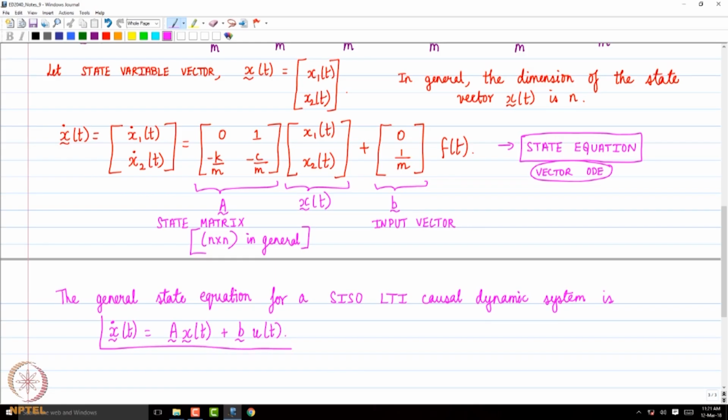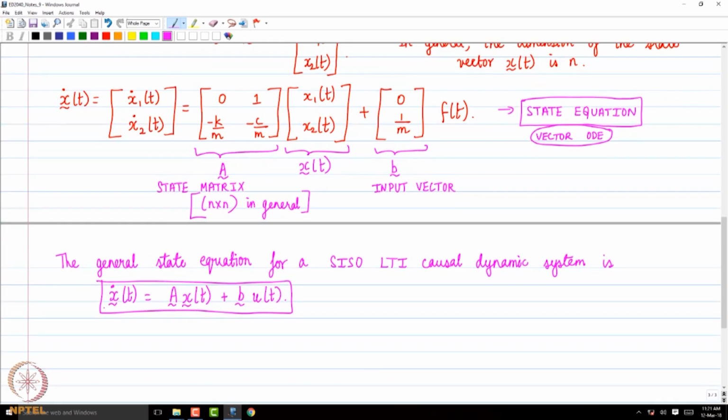Okay, that is the state equation in general.